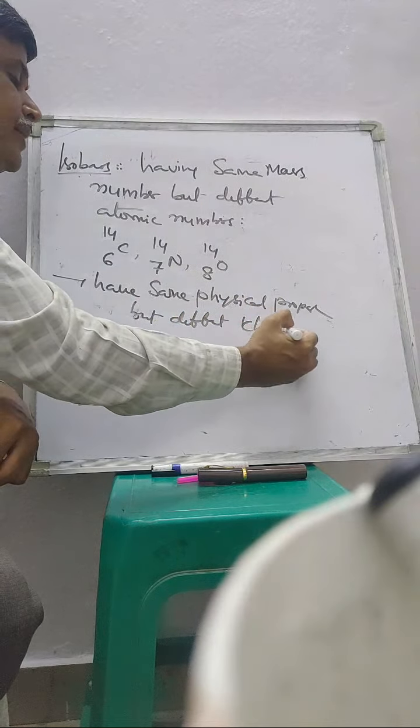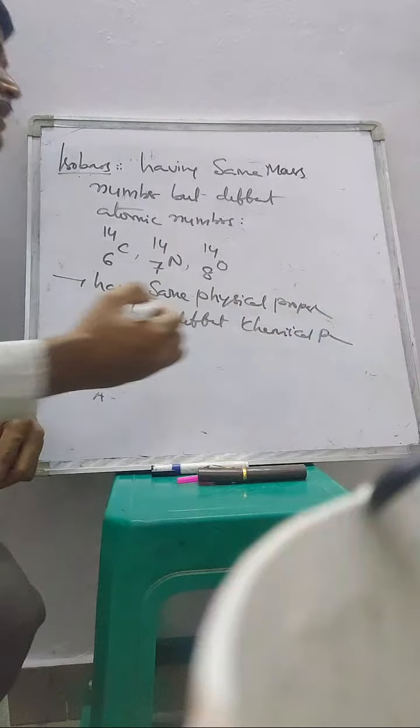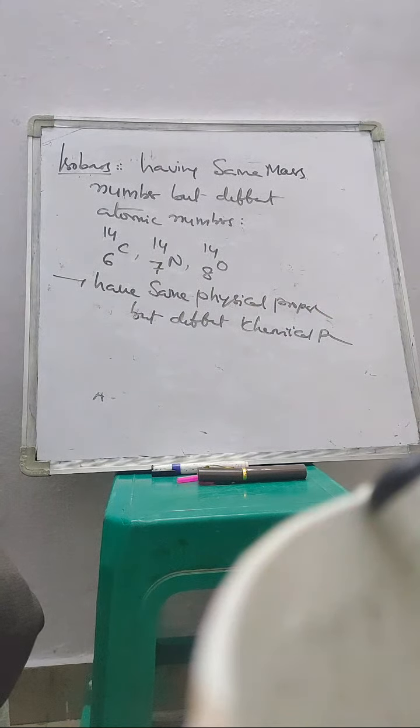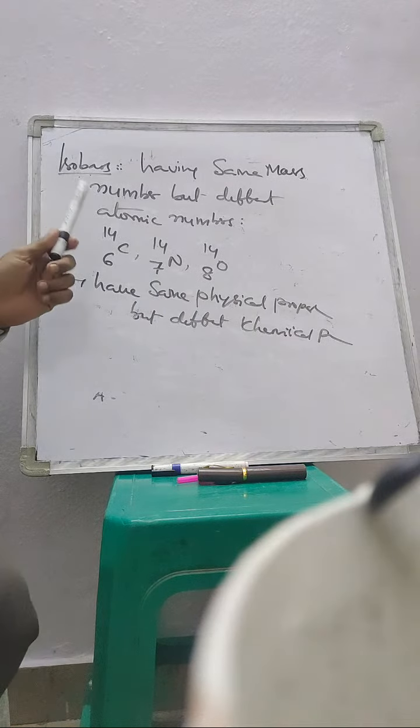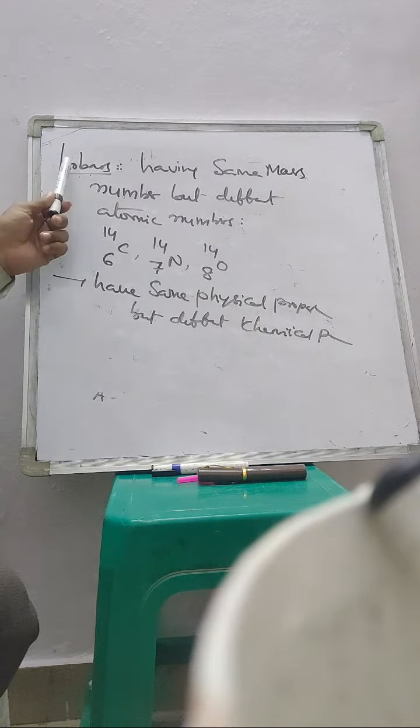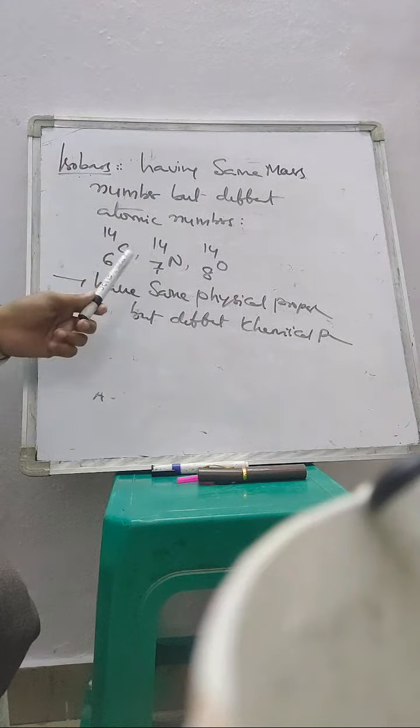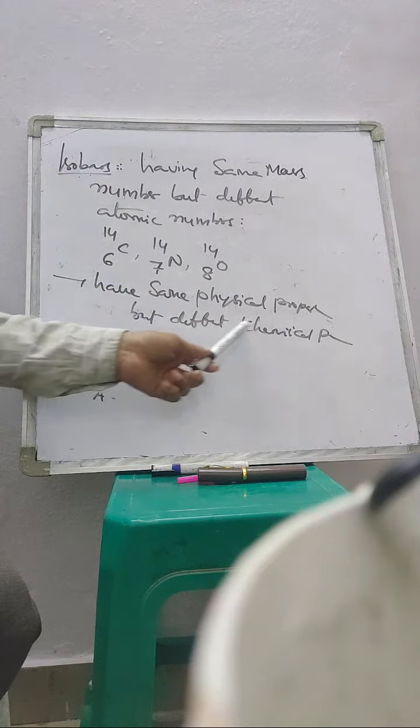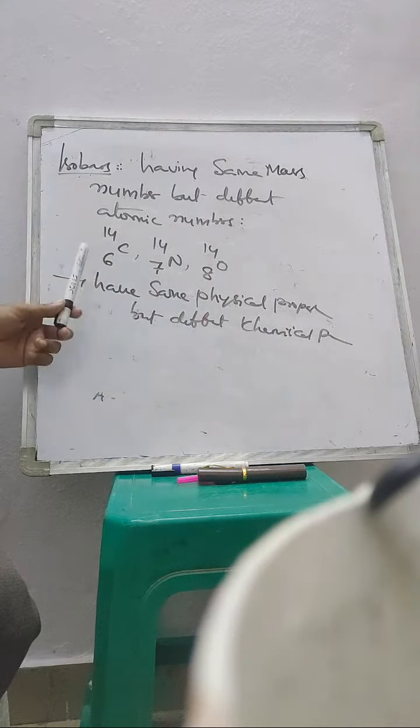If you observe, isotopes have the same chemical properties but different physical properties, whereas isobars have the same physical properties but exhibit different chemical properties.